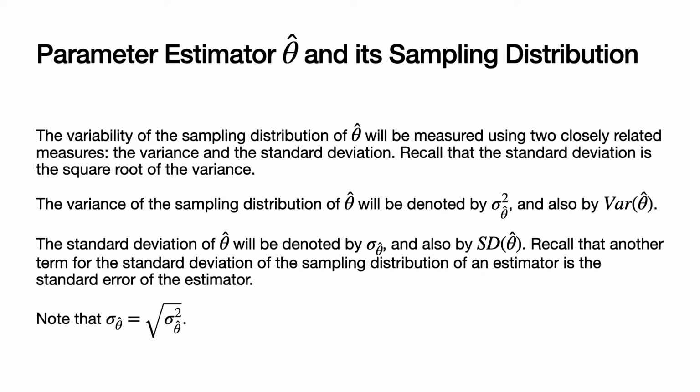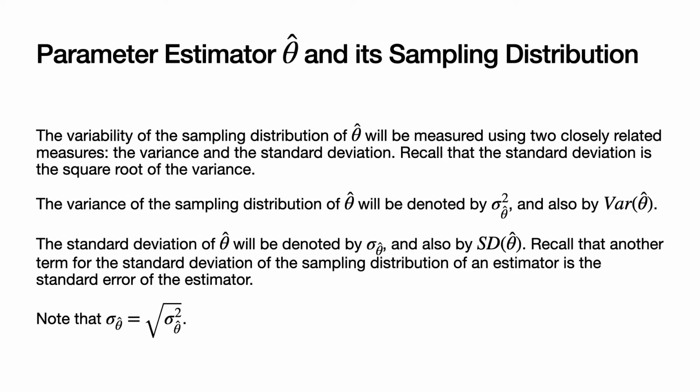First, sigma squared sub theta hat, and also by Var, for variance, with theta hat in parentheses. So again, we have two pieces of notation, but keep in mind that these represent the same quantity, the variance of the sampling distribution of theta hat.